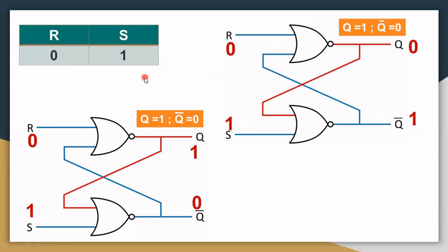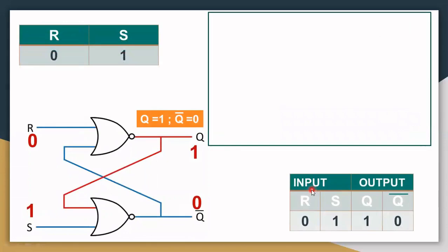Am I clear? Okay. So when I am giving R is equal to 0 and S is equal to 1, output Q is equal to 1 and the inverted output Q dash is of course 0. We are interested in this output because this output is stored in flip-flops.